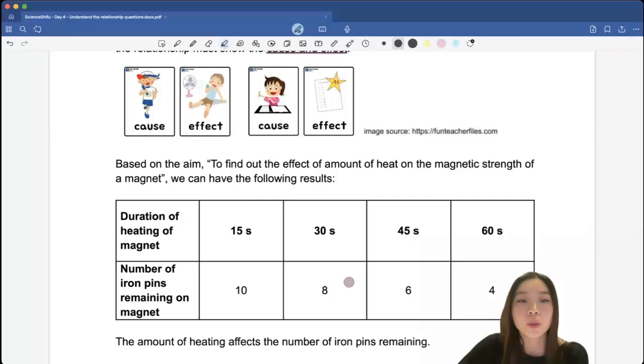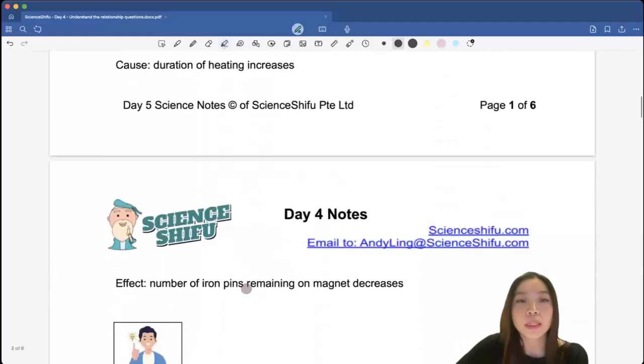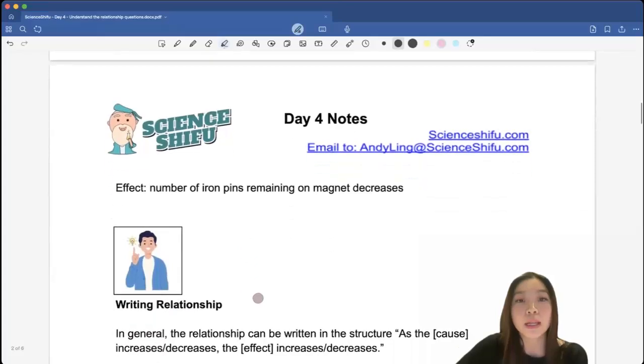Moving from left to right, the duration of heating increases and the number of iron pins remaining on the magnet decreases. The keywords here are increase and decrease. So the cause is the duration of heating the magnet increasing, and the effect is the number of iron pins remaining on the magnet decreasing.